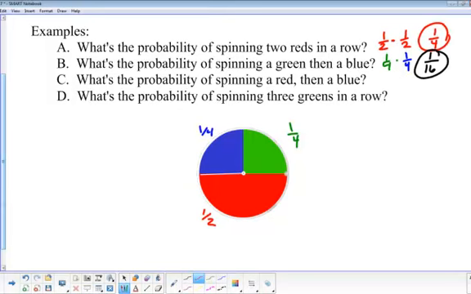Red then blue would be 1/2 times 1/4. So that answer would be 1/8. And 2 greens in a row would be 1/4 and 1/4. 3 in a row, another 1/4, which would be 1/64.